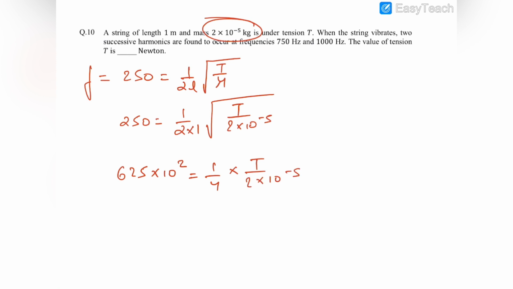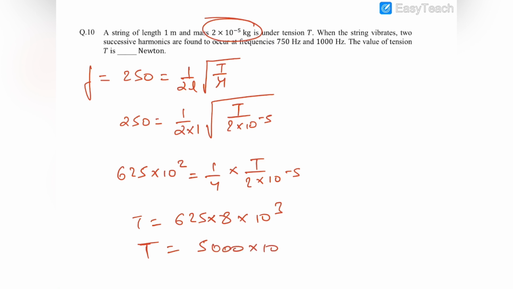Okay, so T would be equal to 625 into 8, and this would be 10 to the power 3. So you can see that 625 into 4 is equal to 2500, and into 8 is 5000.